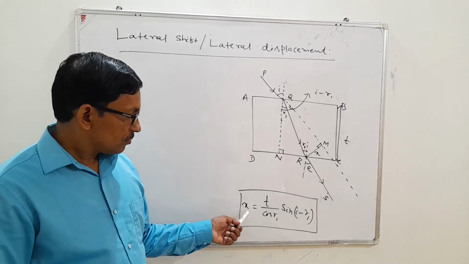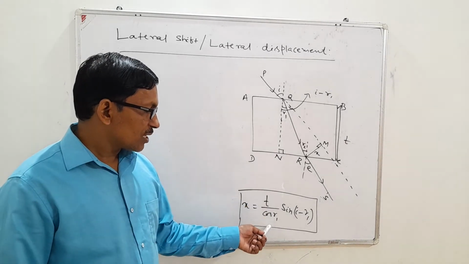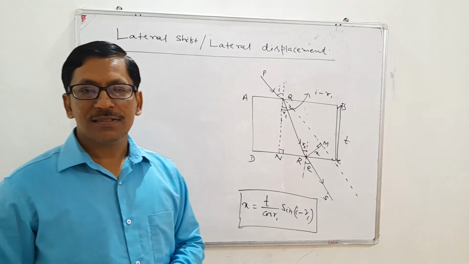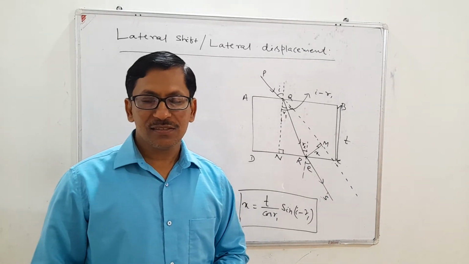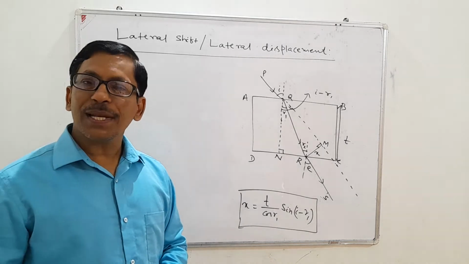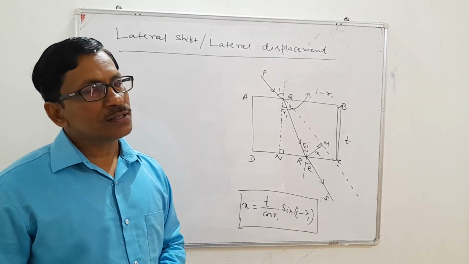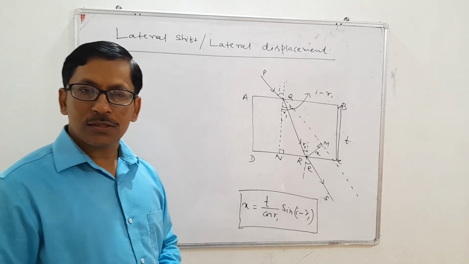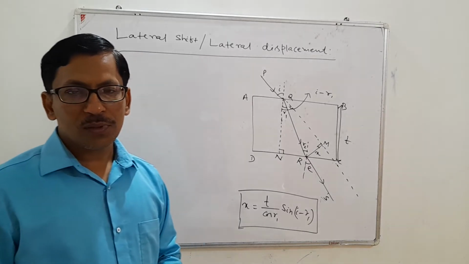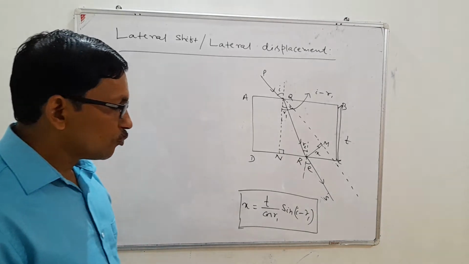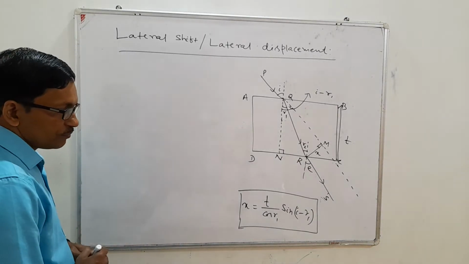Now X is equal to t by cos R1 sin (I minus R1). So let us express the lateral displacement in terms of the refractive index, or the nature of the material of the glass slab. We are going to use Snell's law. I have already discussed it in the previous videos and it will be used here.